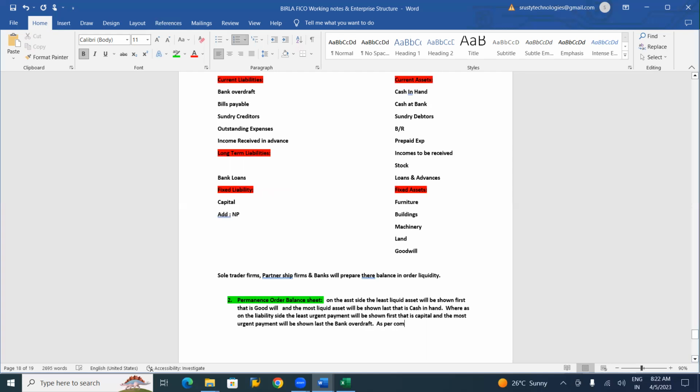As per the Companies Act 1956, every registered company has to prepare its balance sheet in order of permanence.